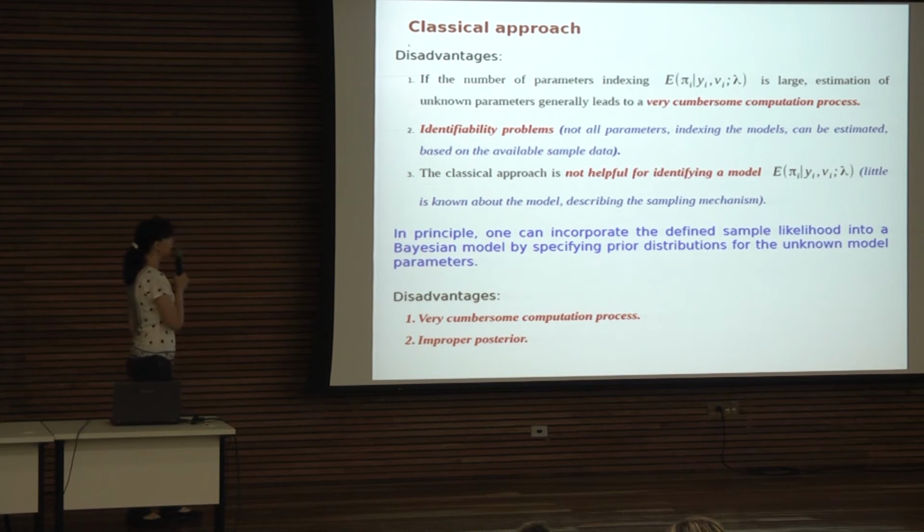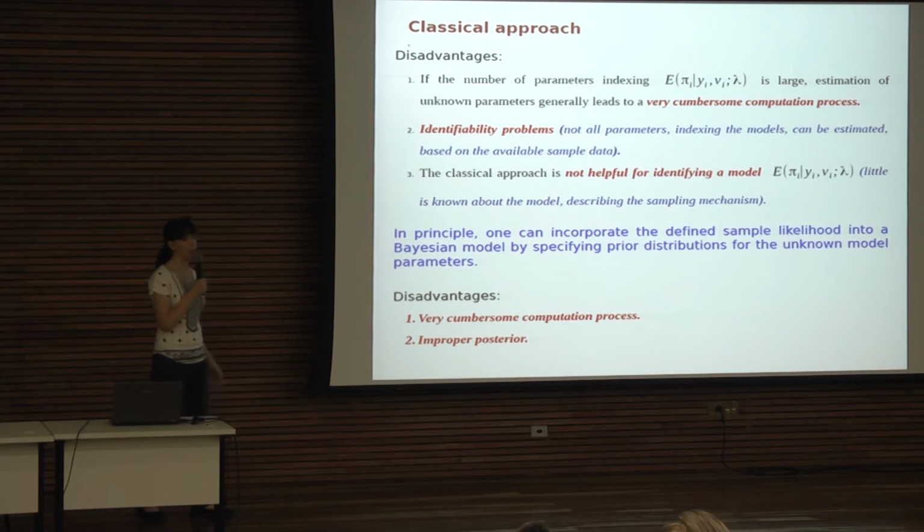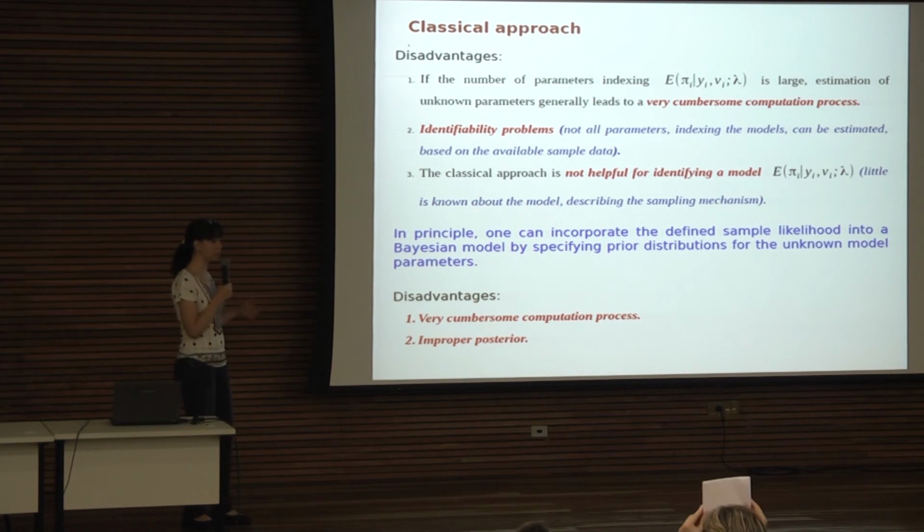First of all, if the number of parameters indexed in the model describing the sample selection mechanism is large, estimation of unknown parameters generally leads to a very cumbersome computation process, which results in very unstable estimates, which are not useful for estimation purposes.